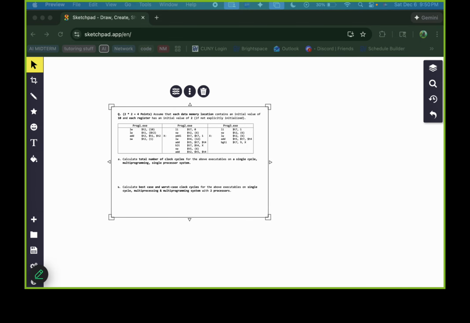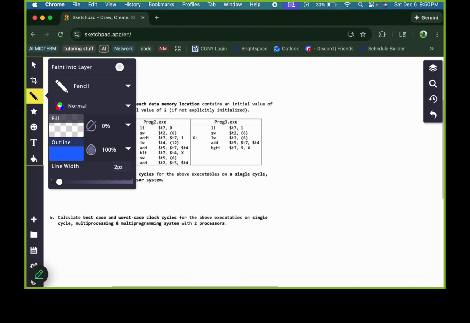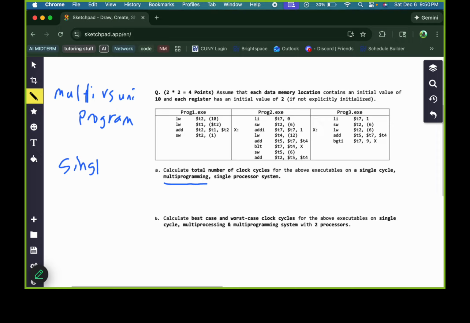Over here, we have 3 different programs happening, and we need to know the difference between multiprogramming and uniprogramming, and single versus multiprocessing.